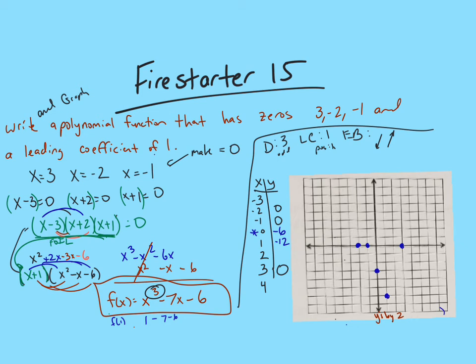Now I'm going to plug in 2. So I'm going to do f of 2. I get 2 cubed, which is 8, minus 14, minus 6. So I get 8 minus 20. It's going to be -12 again.